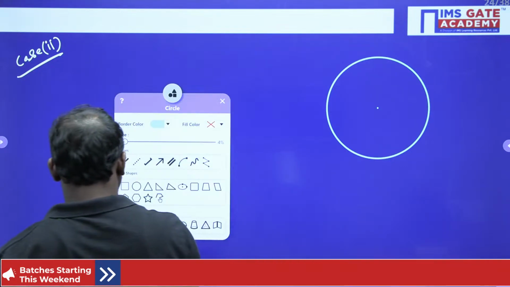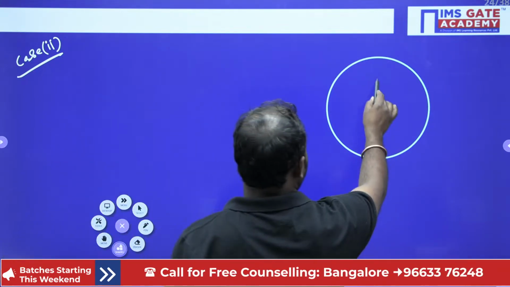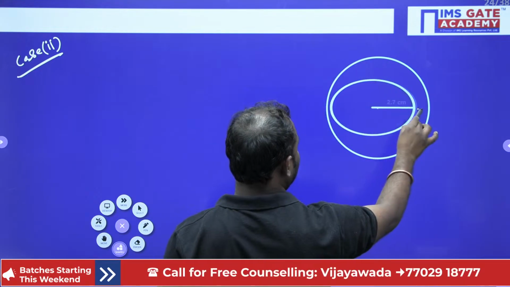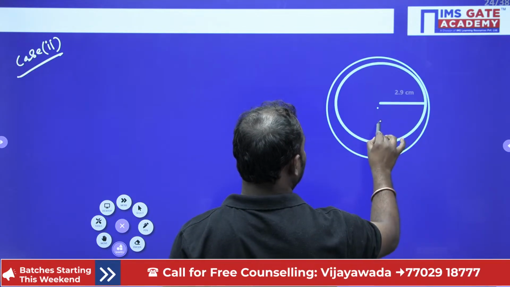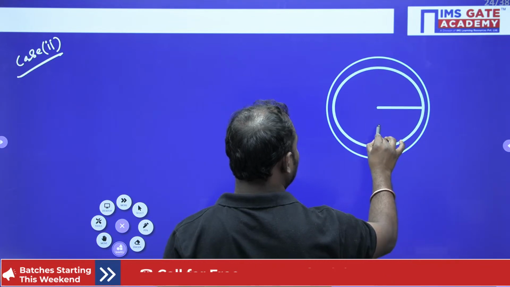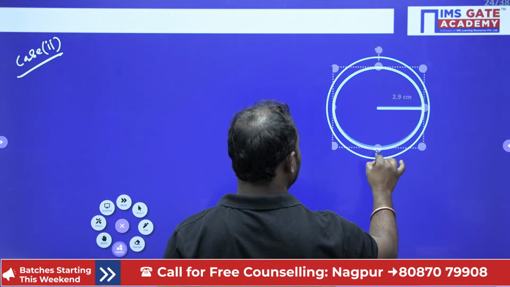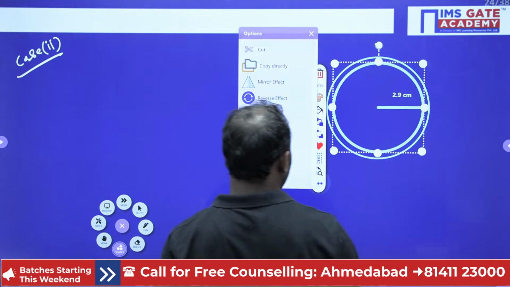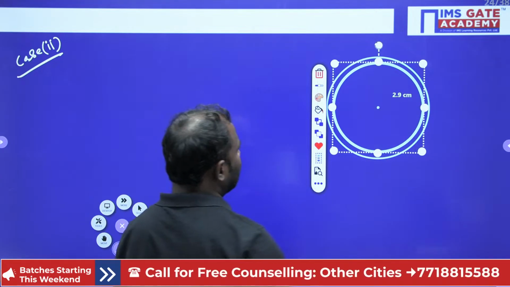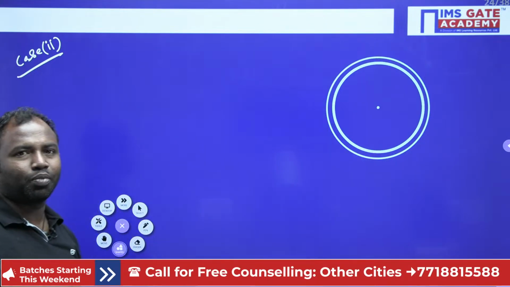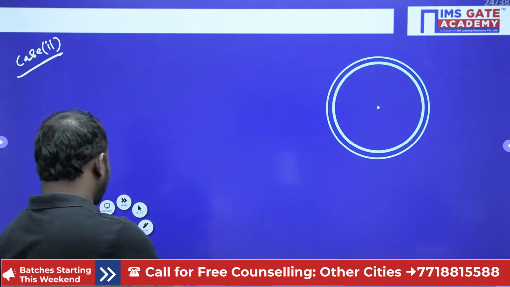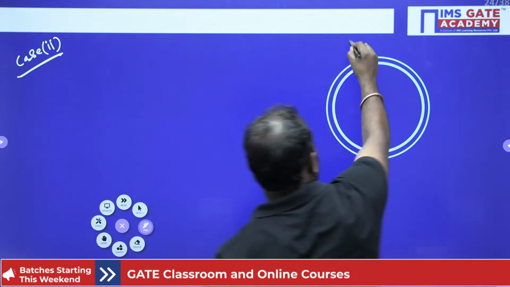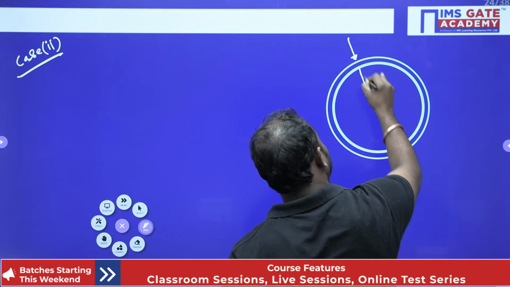Now if I select another circle, suppose this is a hollow circle which has less thickness.